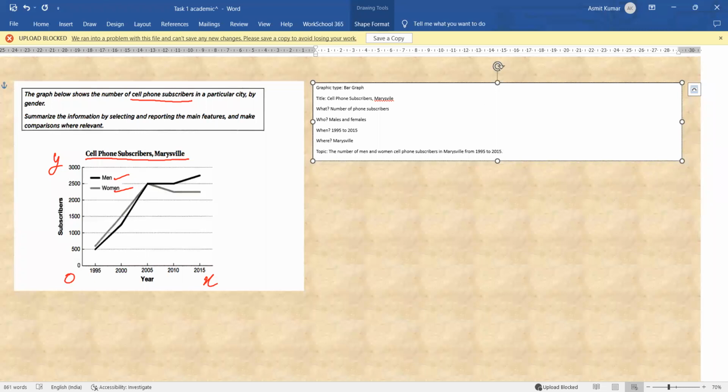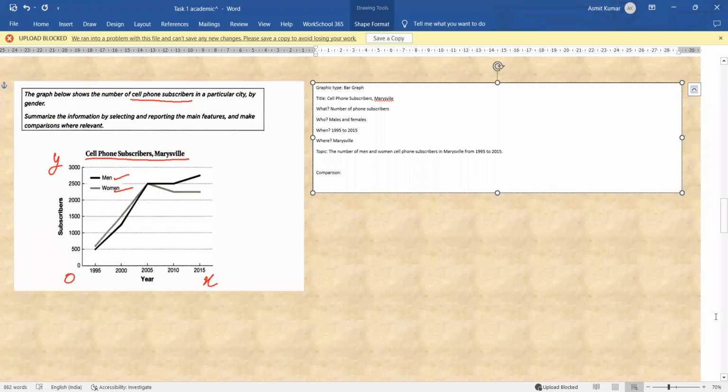Now, let's see the diagram carefully and try to understand what we are going to compare here. Here we can make two kinds of comparison. The first one would be for the number of men cell phone subscribers in different years: 1995, 2000, 2005, 2010, and 2015.